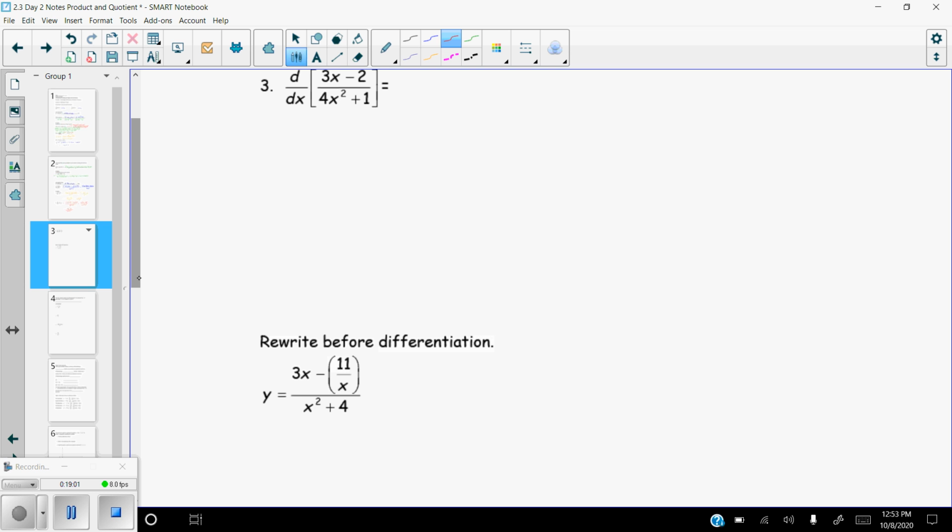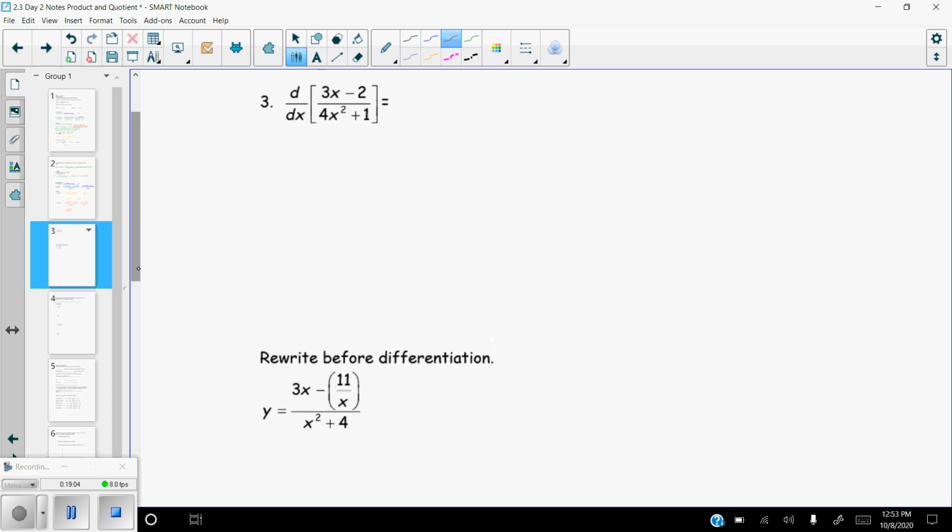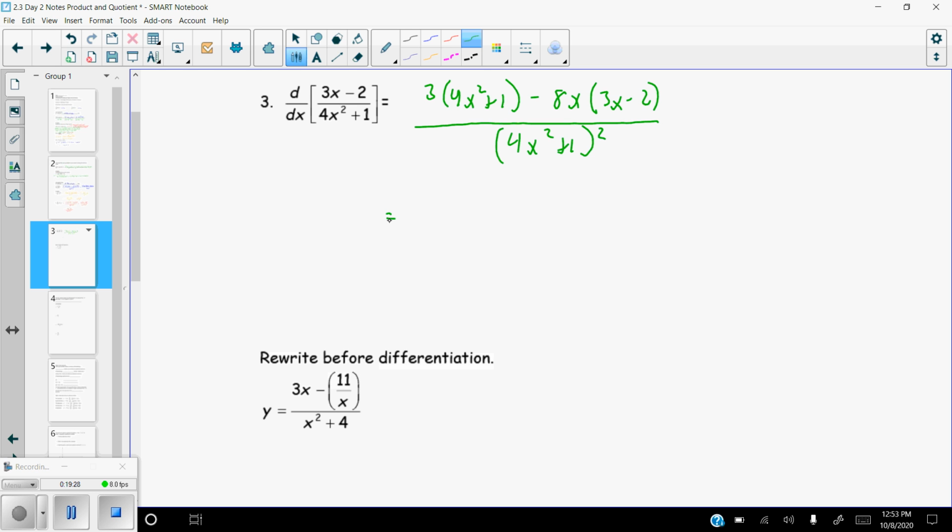So we'll go ahead and take the derivative of the top, which is 3, times the bottom, minus the derivative of the bottom, 8x, times the top, 3x minus 2, over the denominator squared, 4x squared plus 1, all squared. Okay, let's go ahead and simplify that.